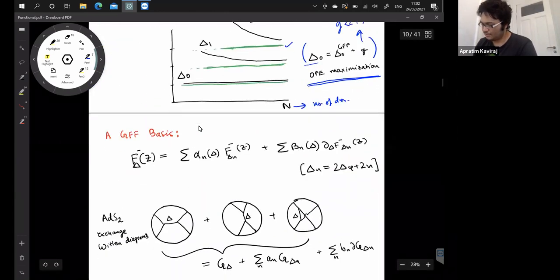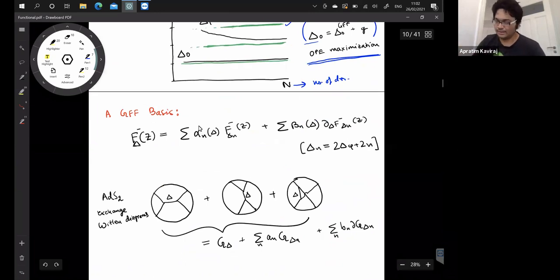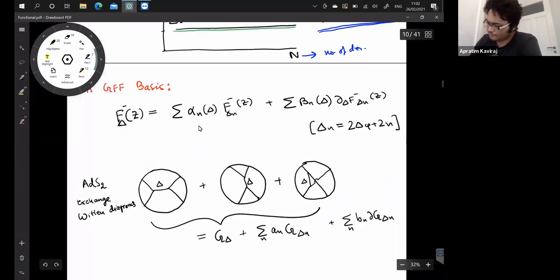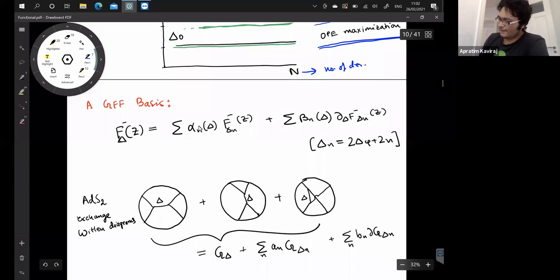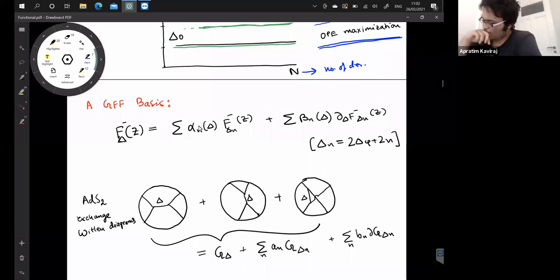All right, now let me show you how to build the analytic functionals. To get there, first let me introduce a basis for expanding the bootstrap vectors.